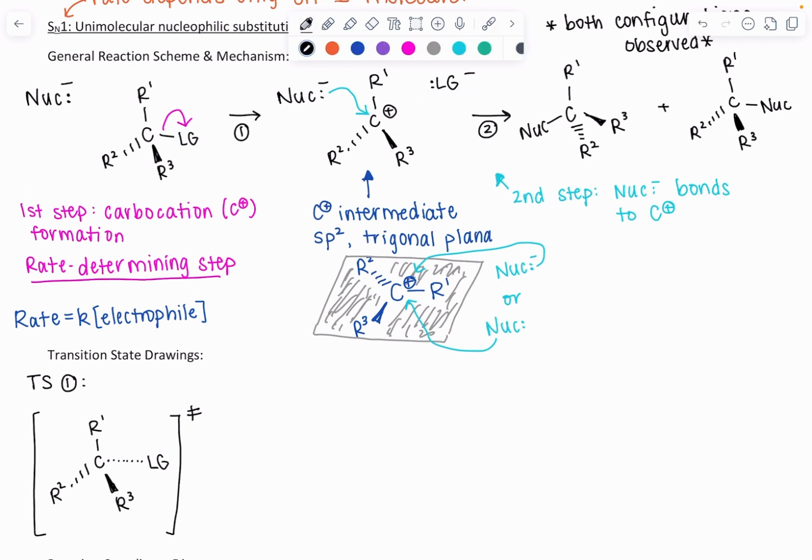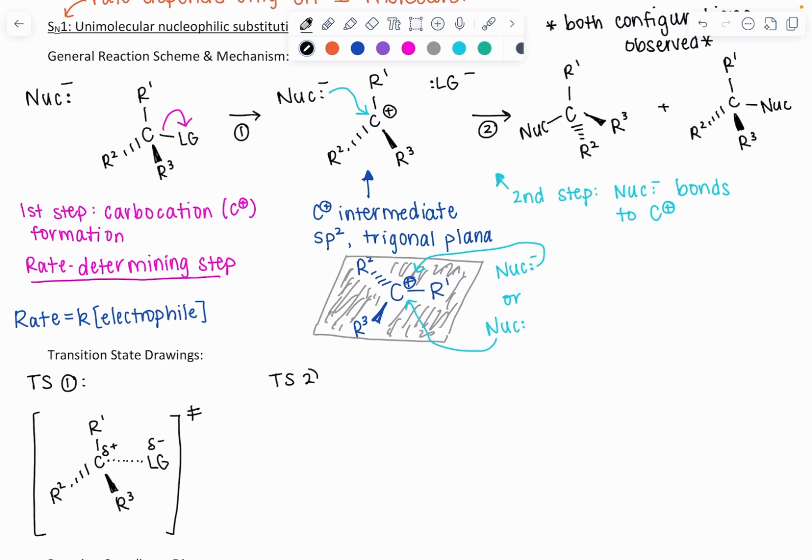So in the transition state of step 1, it has a partial negative charge. And then carbon started off neutral and then became positive. So in the transition state, it has a partial positive charge. So that is this transition state for step 1.